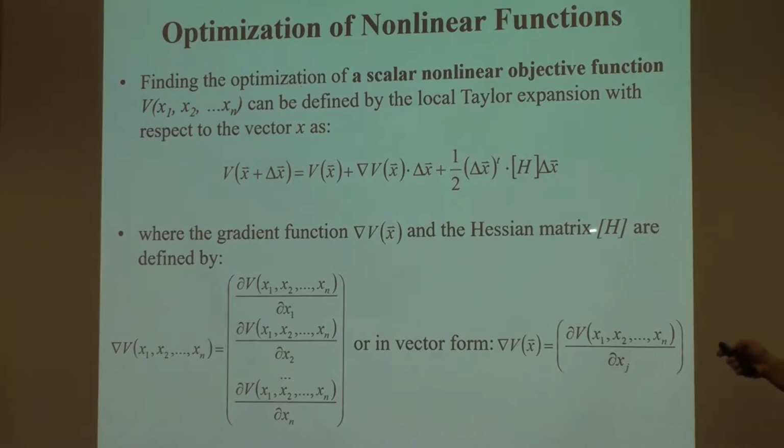if you look at the Taylor expansion of the scalar function, if you perturb it with respect to the vector of its independent variables, then the Taylor expansion works like this. This is the expansion point, the gradient times the delta x, and this second-order term with the Hessian matrix.